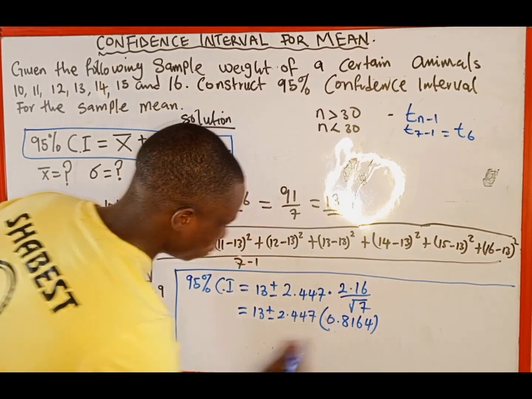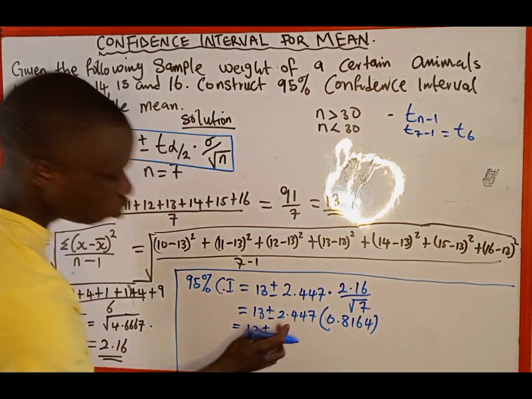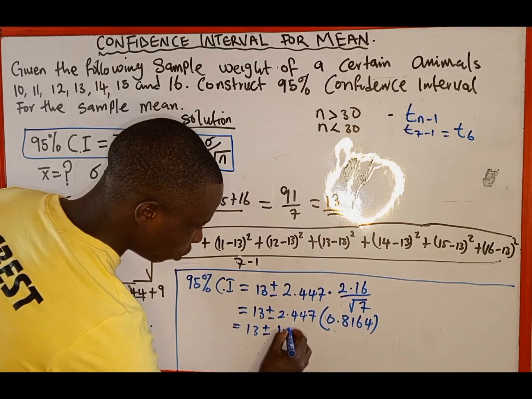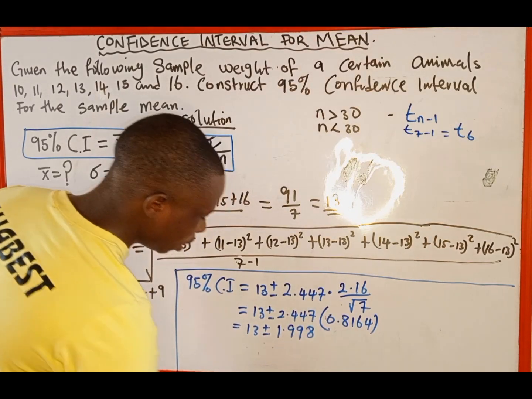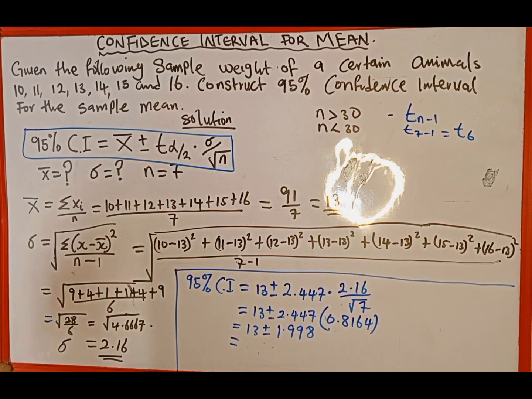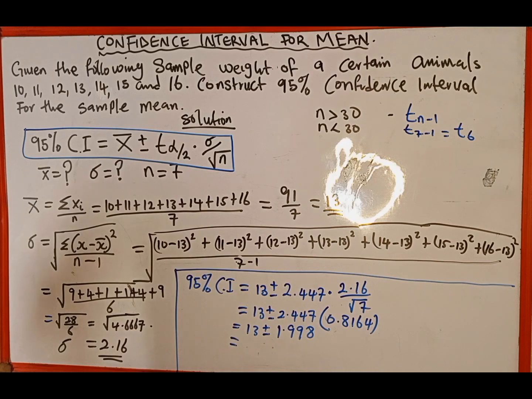0.8164. So that if you multiply them, 13 plus or minus 2.447 multiplied by 0.8164 is going to give us what? 1.998. Then I always tell you that first you are going to take the negative part before the positive. Then 13 minus 1.998 is going to give us what? 11.002.